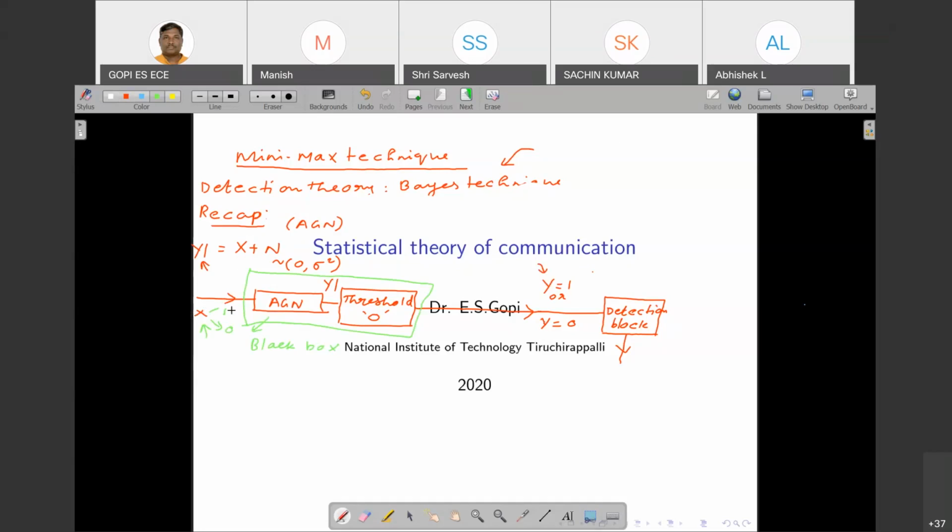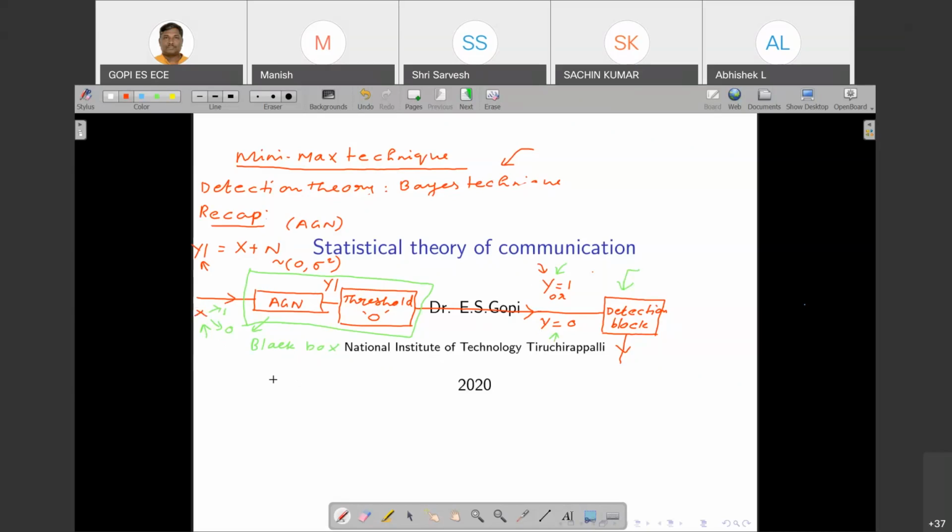The actual amplitude could be 1 and minus 1, this is just the identity I'm talking about. So x takes the value 1 or 0 in the transmitter section. Now in the receiver section, what you get is y equal to 1 and y equal to 0. But still you can do better detection; improvement can be done. That is what we discussed in the previous class.